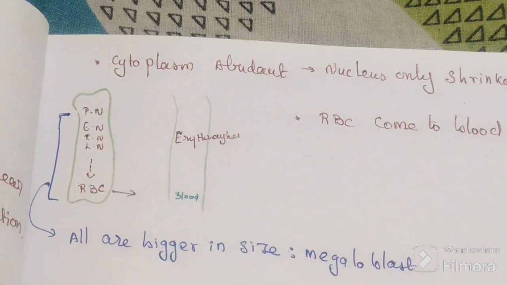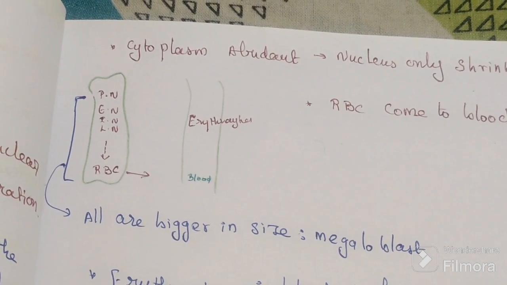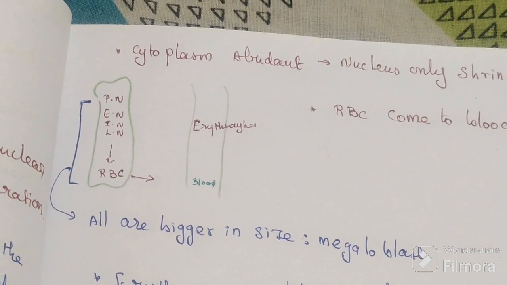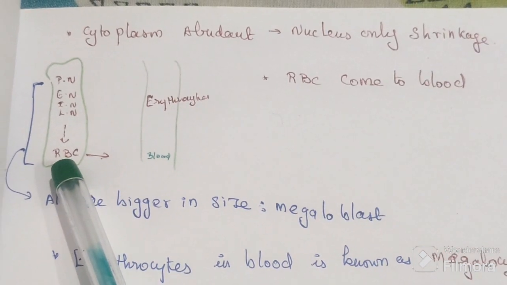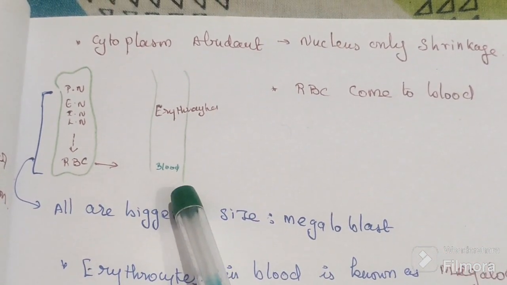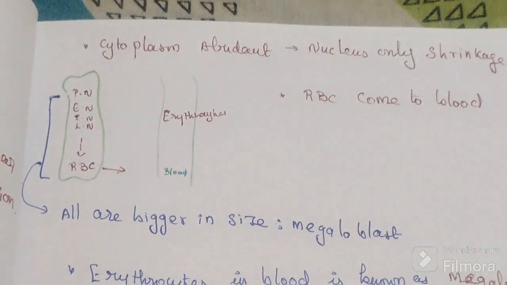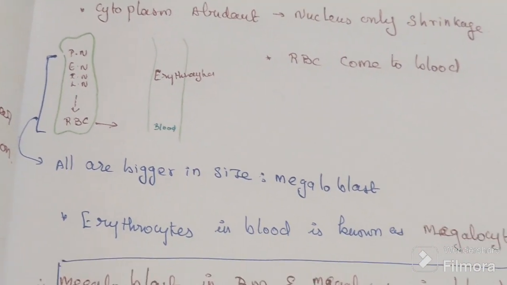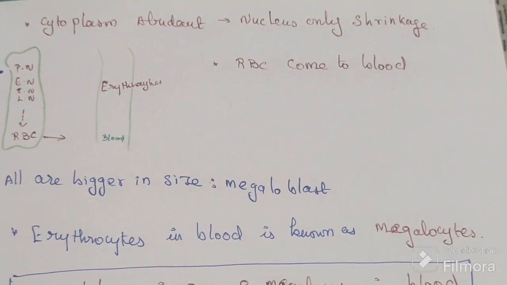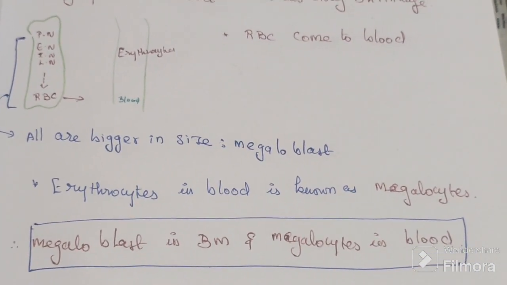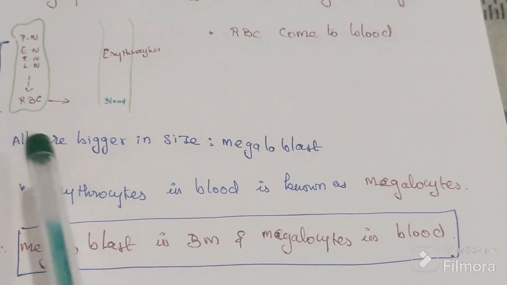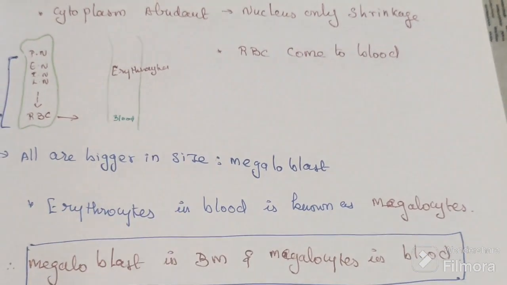When cells are bigger in size, they have the name megaloblast. When they reach the blood, these erythrocytes in blood are known as megalocytes. So, megaloblast in bone marrow, megalocytes in blood.